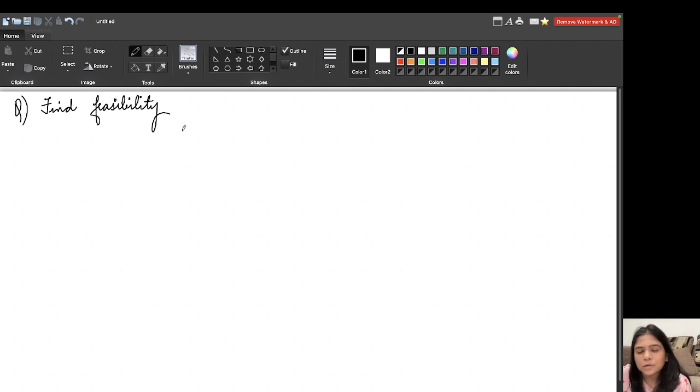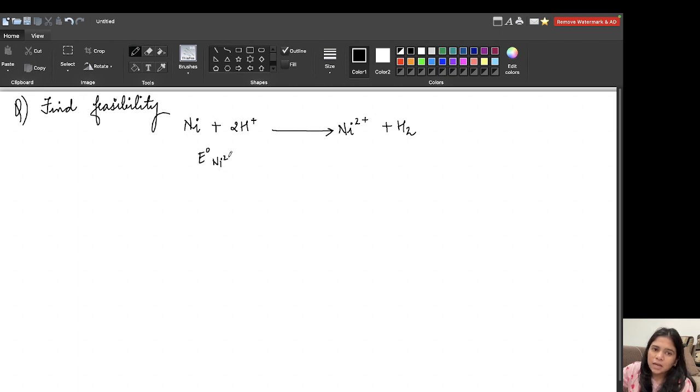Now, the reaction I am giving you is Ni plus 2H+ giving you Ni2+ plus H2. And what are the values given? Values are E naught of Ni2+ and Ni is minus 0.25 volt.